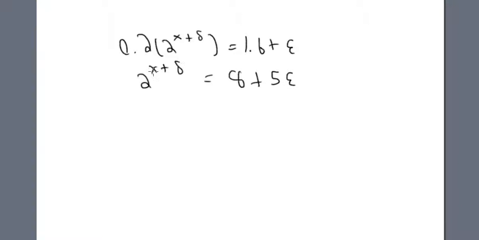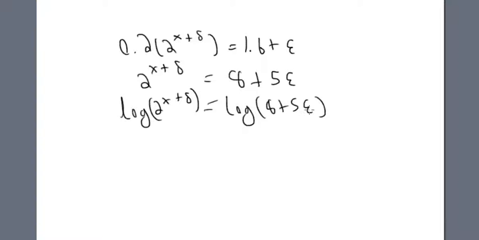Now, to solve for this, I need to take the log of both sides. So I'm going to have the log of 2 to the x plus delta, I'm going to put that in parentheses so there's no confusion, equals the log of 8 plus 5 epsilon. Moving forward. Now, remember with our properties of the log, the exponent can come outside to the front of the log.